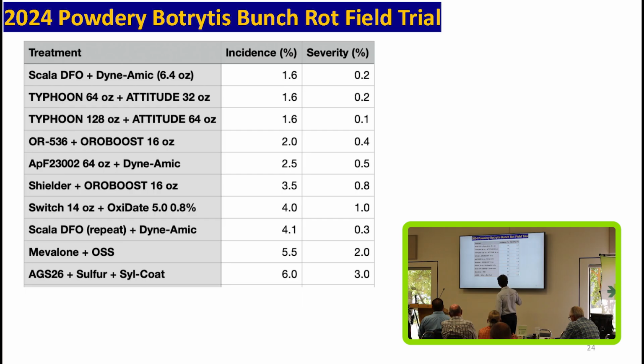When you compare incidence and severity, all these products seem to significantly reduce the infection of botrytis in the plant. You can also see the other synthetic pesticide with hydrogen peroxide, and Mavalon, which is another plant-based extract but not organic. So they also show some efficacy against botrytis.